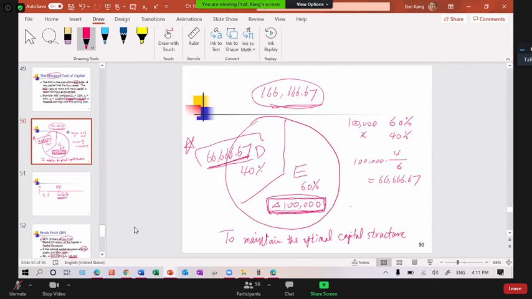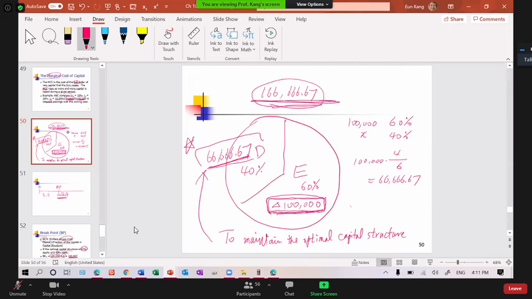That's important. So you have to issue bonds or borrow money like this. So the total will be this.